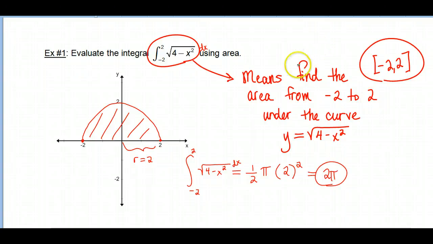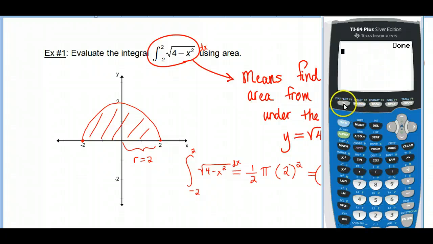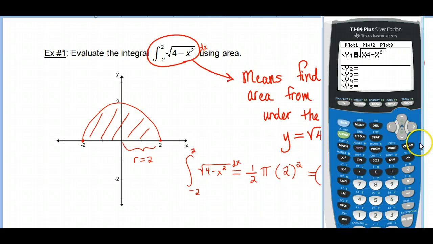It's from -2. So I could go to y equals, and I could do the square root of 4 minus x squared. Oops, I have an x in the wrong spot.